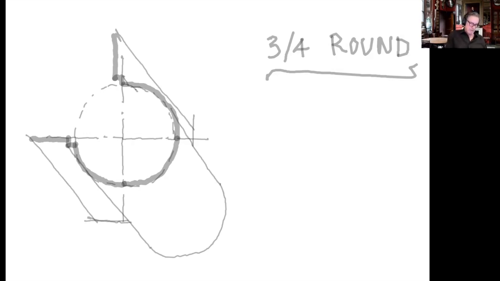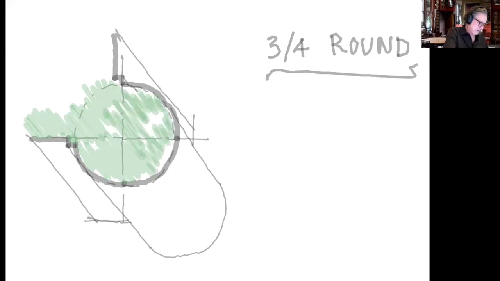And then let's shade this together. This is the meatiest of all the moldings, I think. So lots to shade.